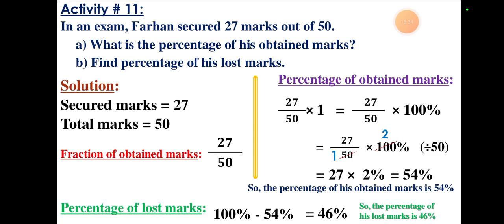Fraction of obtained marks would be 27 over 50, and percentage of obtained marks: 27 over 50 multiplied by 1 equals 27 over 50 multiplied by 100%. 50 and 100 would be divided by 50. So I'll get 27 multiplied by 2% equals 54%. The percentage of his obtained marks is 54%, and percentage of lost marks is 100% minus 54%, that is 46%. So the percentage of lost marks is 46%.